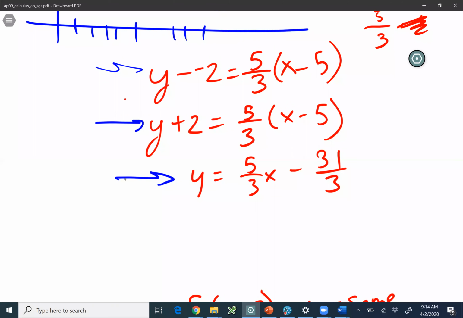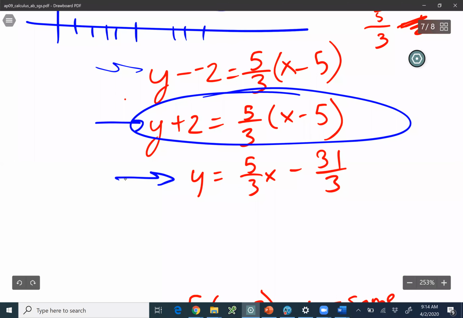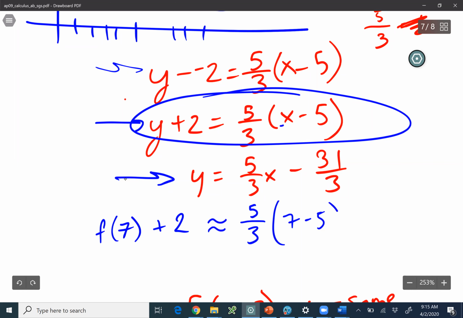Now, the next point was to then show that f of 7 had to be less than 4. So I'm going to go ahead and use this equation because that's the one I did. And when we're doing these approximations, if you want to change y to f of 7, sometimes that helps. So f of 7 plus 2 is approximately 5/3 times, I'm using this equation, 7 minus 5.